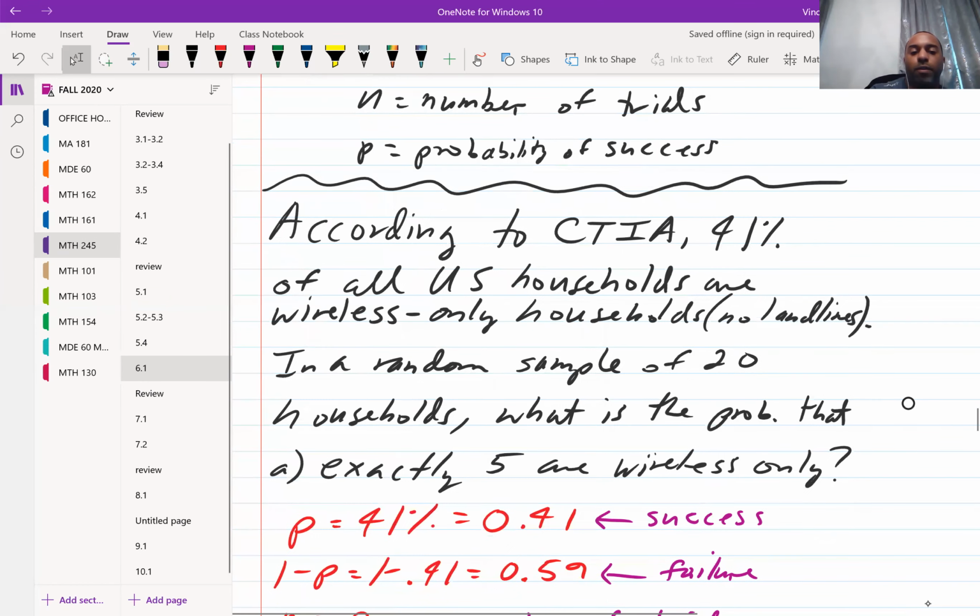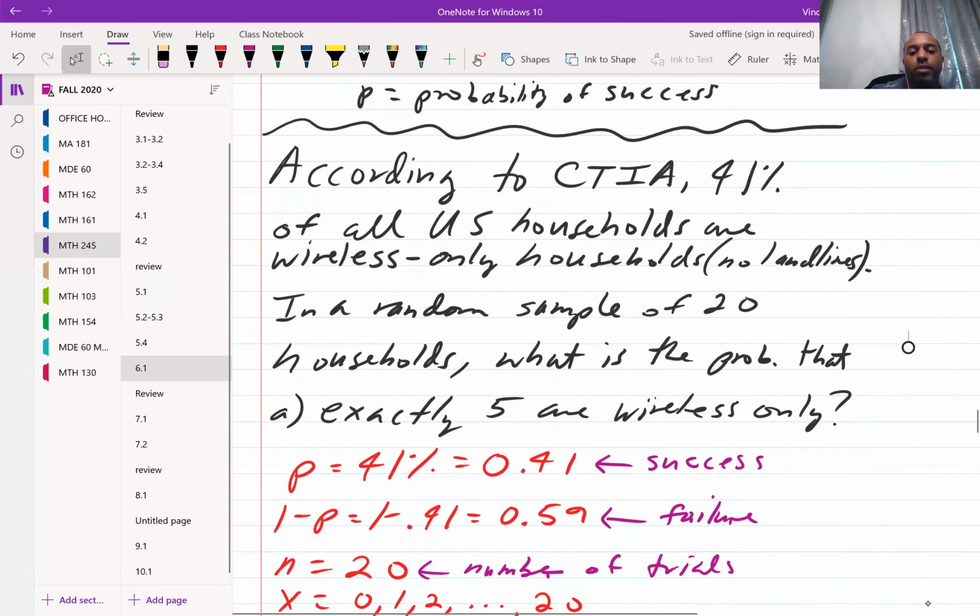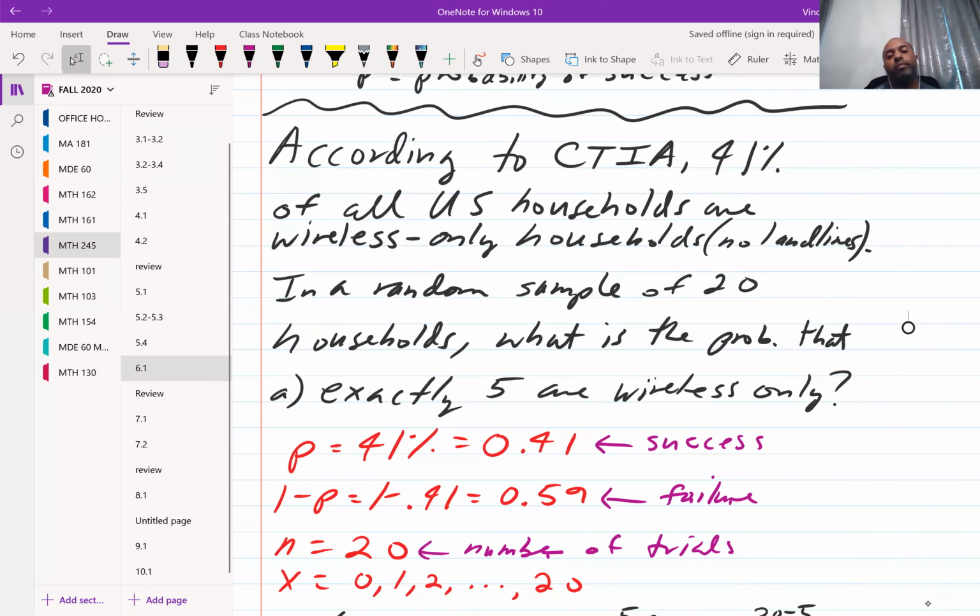All right. So first thing we want to do is establish our variables. Success is 41%. You're talking about choosing a household that is wireless only, 41% chance. Failure, 1 minus that 0.41, which is 59%. Number of trials, which is 20.